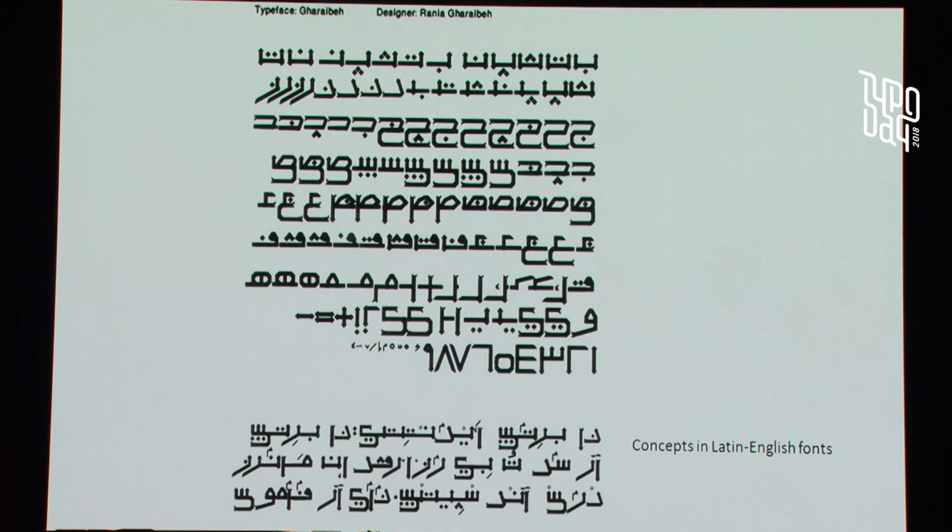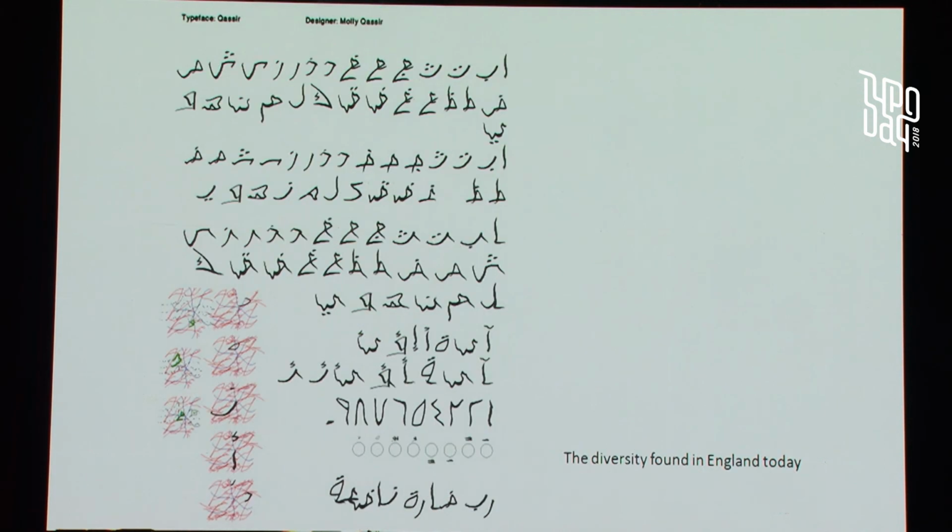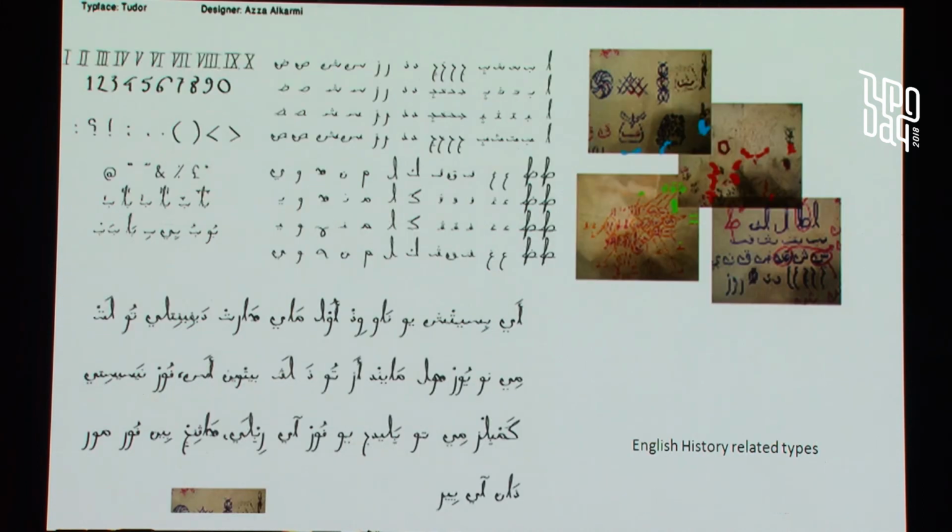Concepts from Latin fonts, they took some Latin fonts and tried to simulate, to approach them. And the diversity, some girl, I don't know how she suggested diversity. And one girl took the Tudor period and the signature of the king there, and she tried to devise the Arabic letters.